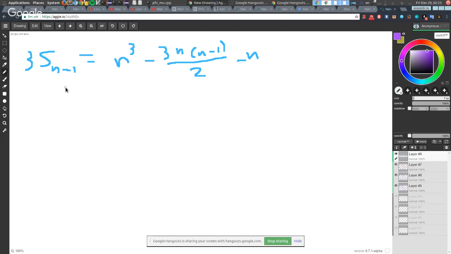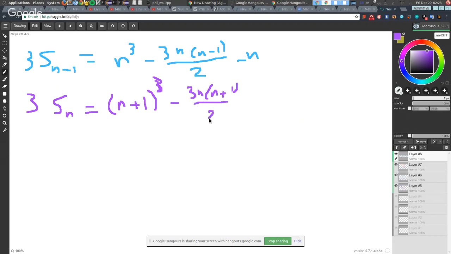Just like that. So here I will substitute every n minus 1 with n. Basically this is, and just do it like that. 3n, 2n.